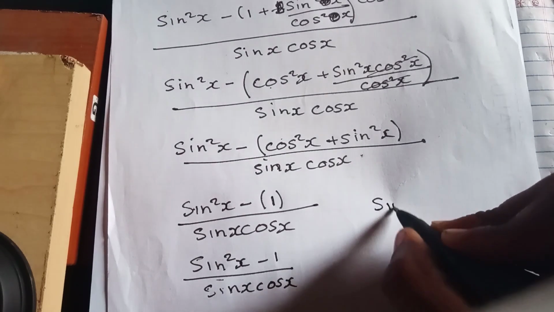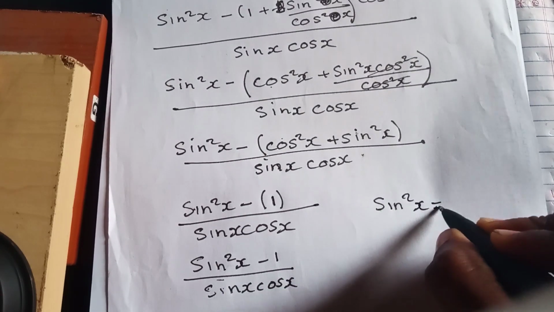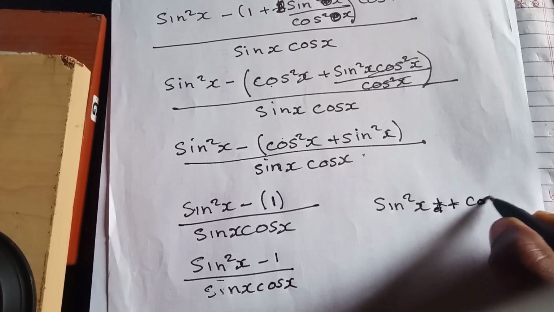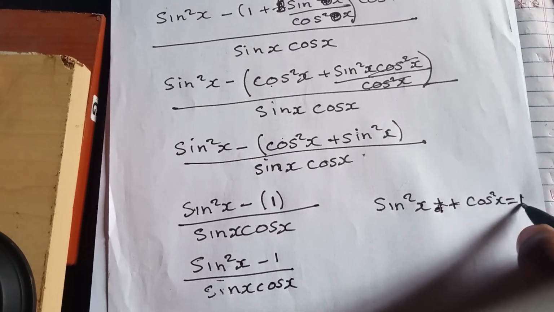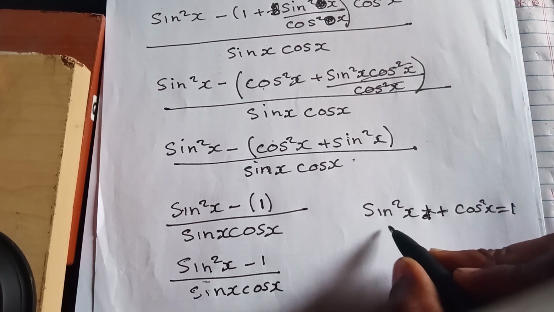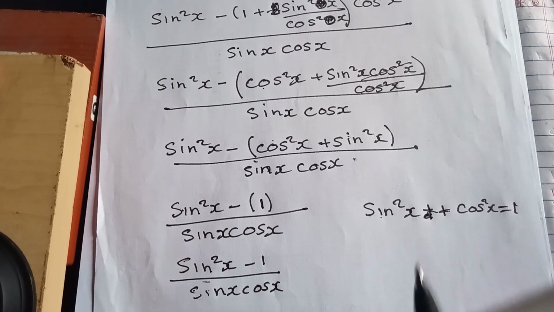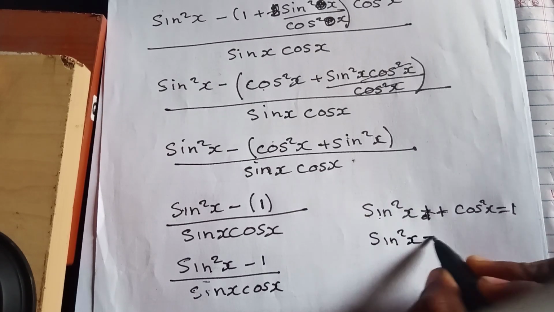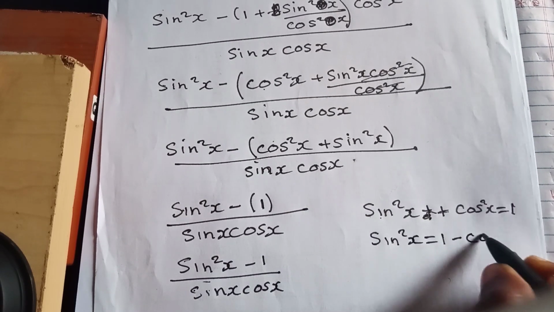Let me just show you what I mean. You have sin²x plus cos²x is equal to 1. So when I make sine the subject, it will be much easier for you to see it that way.